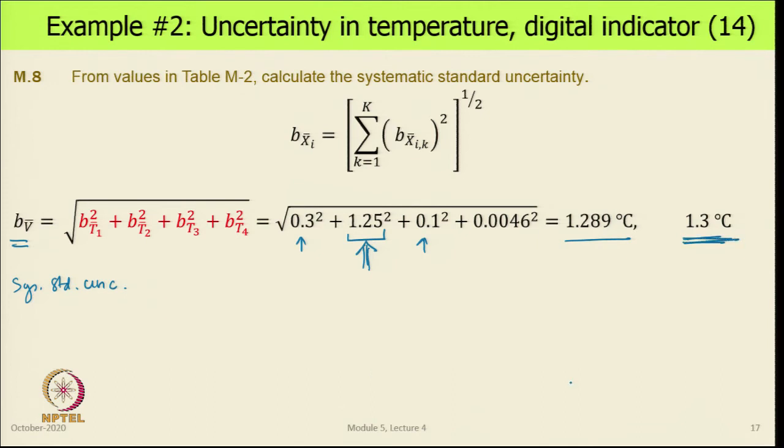If 1.3 degrees Celsius systematic standard uncertainty is okay, good enough for what we want to do, then we do not need to do anything else. We could then think of, can I reduce the cost of my device? Instead of an indicator with 16-bit converter, can I go for an indicator with say 12-bit converter? It will reduce my cost, and this may not change too much. And all of this is possible because in the pre-test stage.